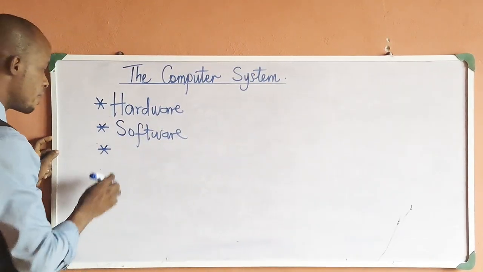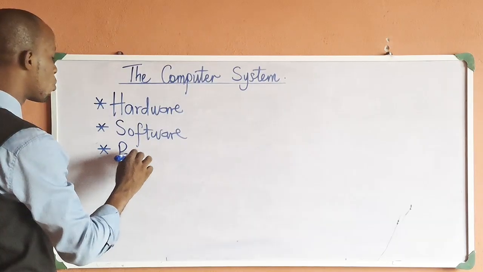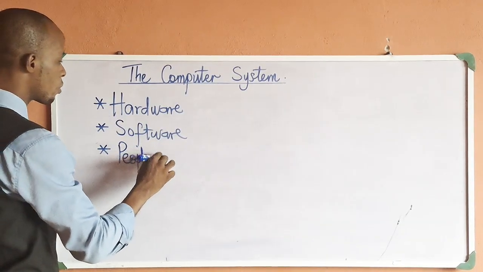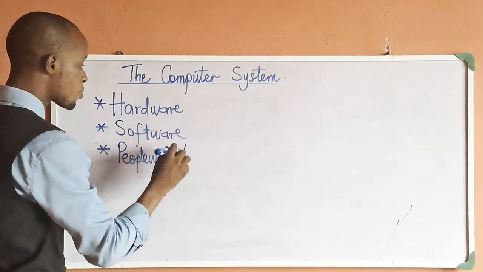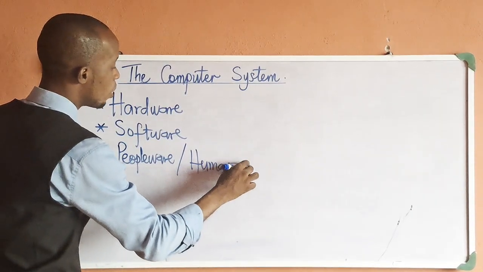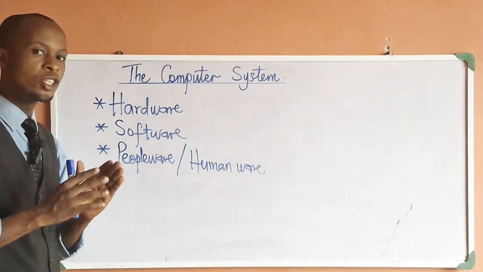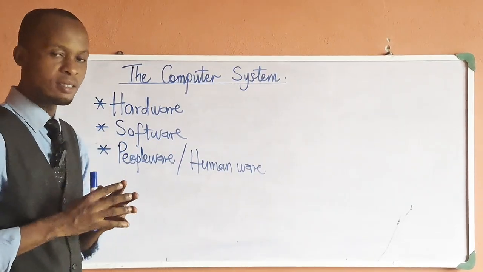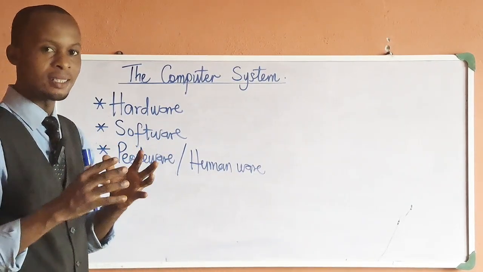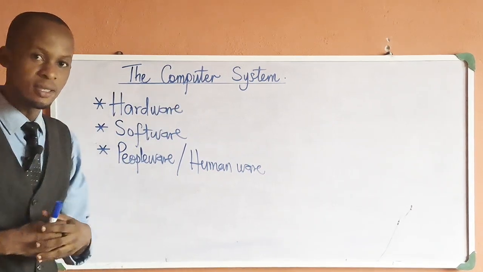And number three is the people, also called the humanware. These are the three major parts that form what we call the computer system.